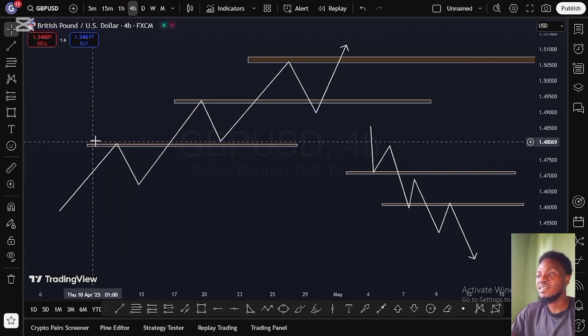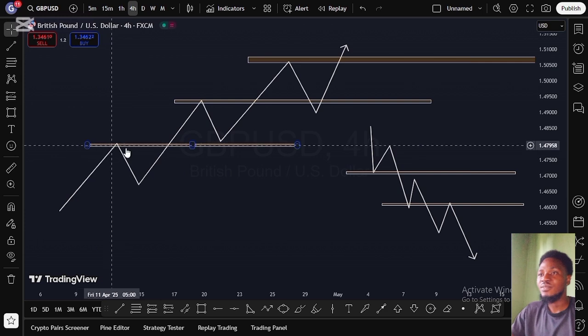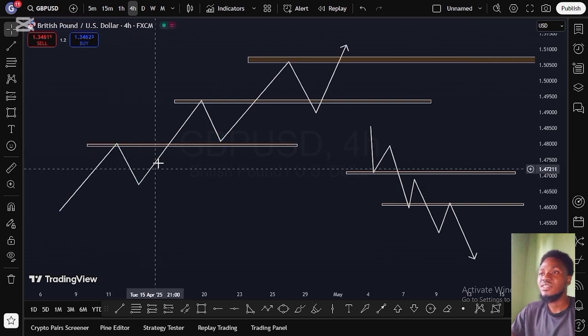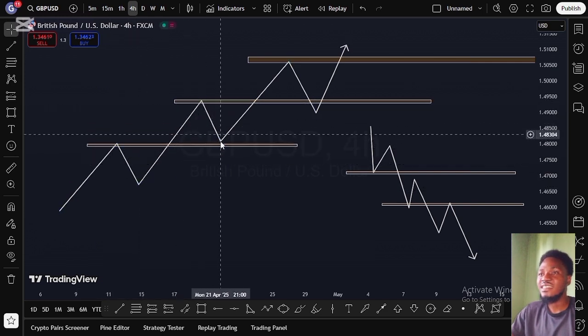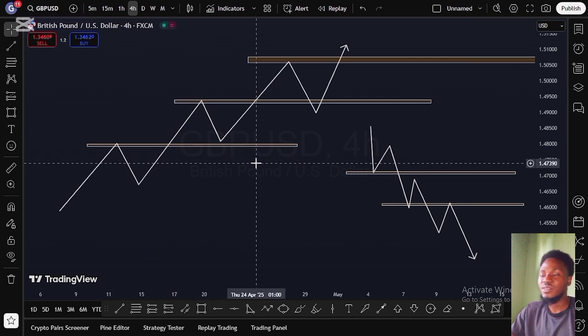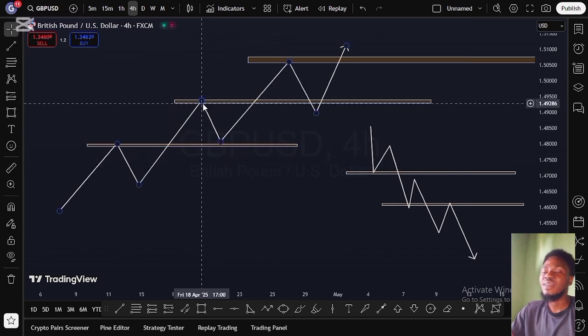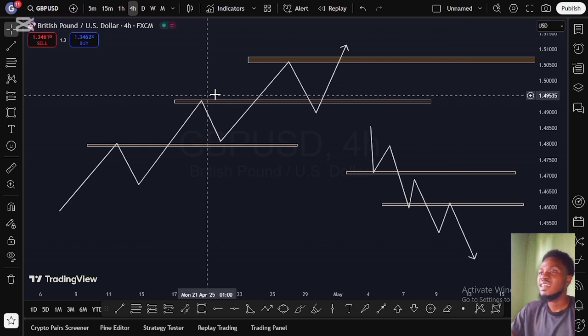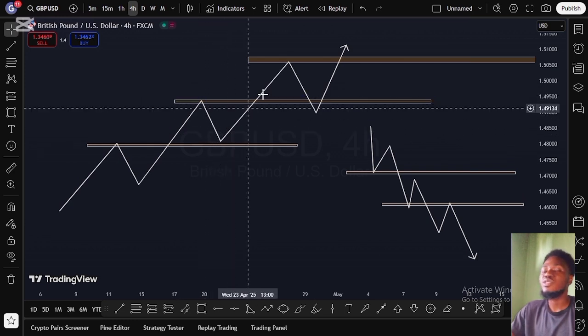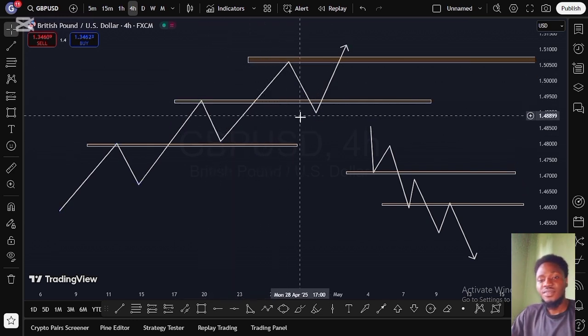So we marked it as a resistance, and now a new high has been created, pulling back, testing it as a new support because we're in a bullish market. Then another new resistance was created, passive selling, profit taking, a pullback and an impulsive move. All right? Hope you're getting the gist, man.